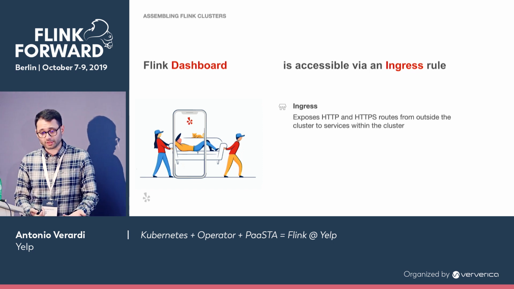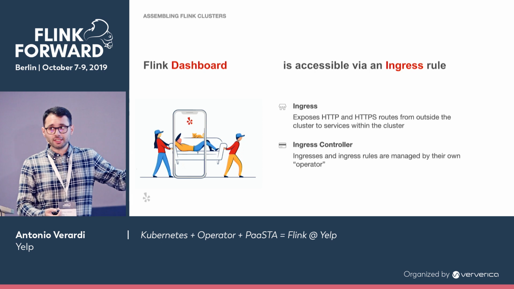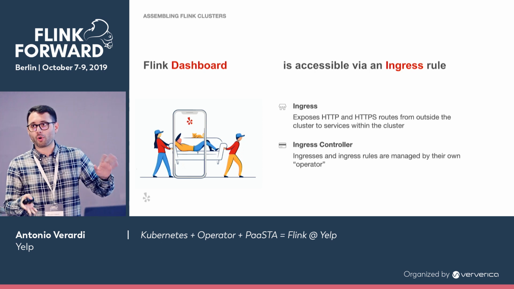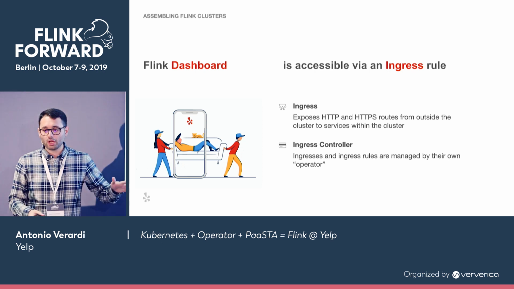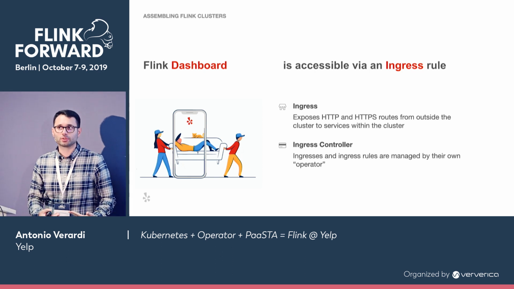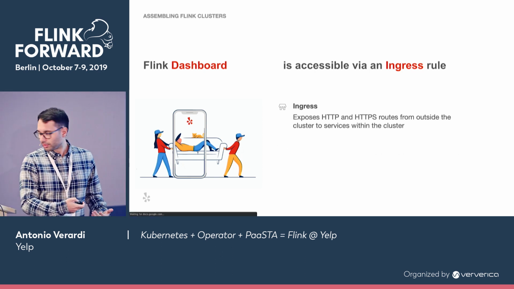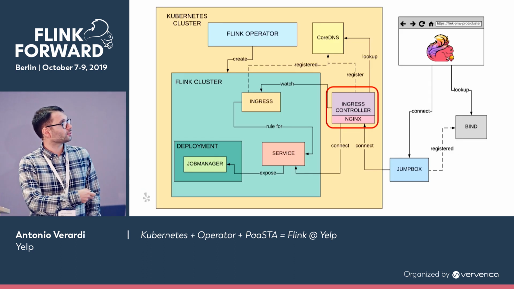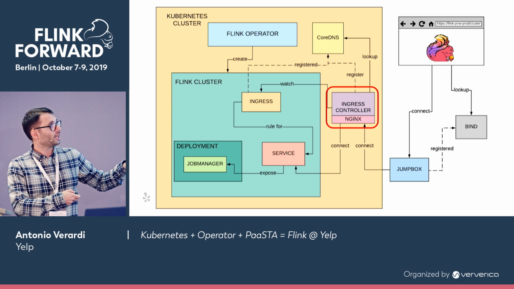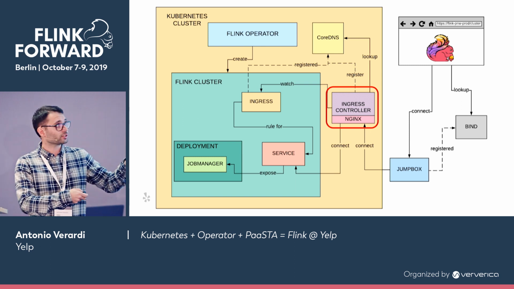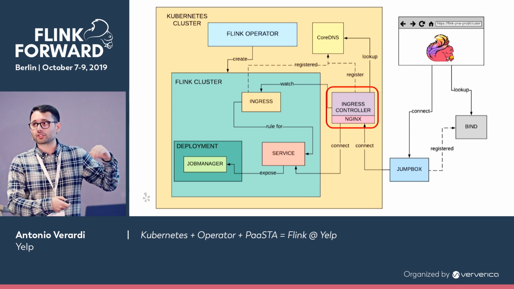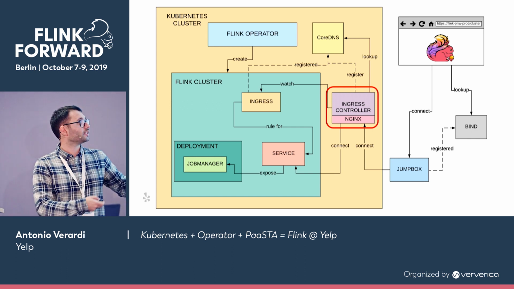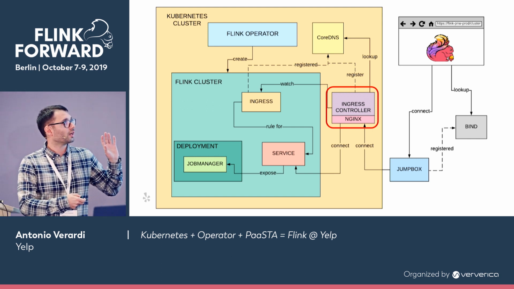The way this works is pretty interesting, actually. There is an ingress controller, which is almost a synonym for operator, which manages the ingress resource that we created. So if we go back here, let's see if I have another slide. Yes, I do. So we create the ingress with our operator, but we don't do anything else. And then there is this open source ingress controller running on the cluster, actually setting up the cluster in a way that these ingress rules are a thing.